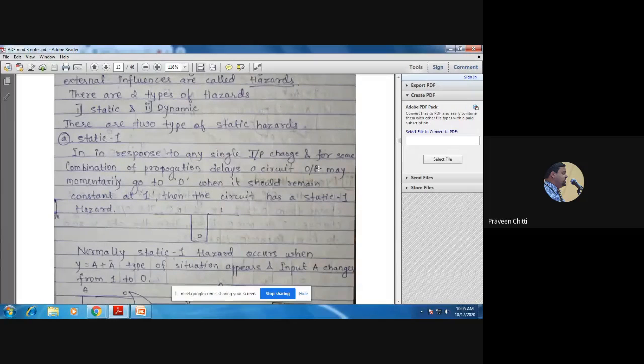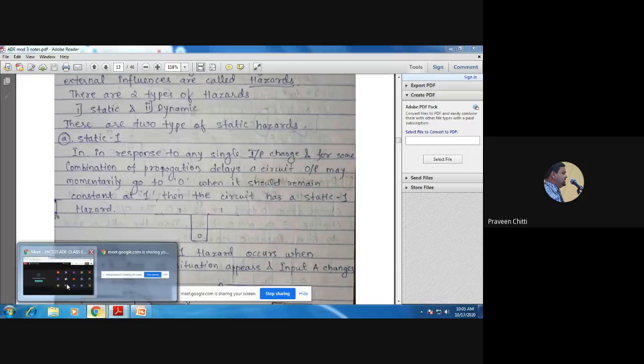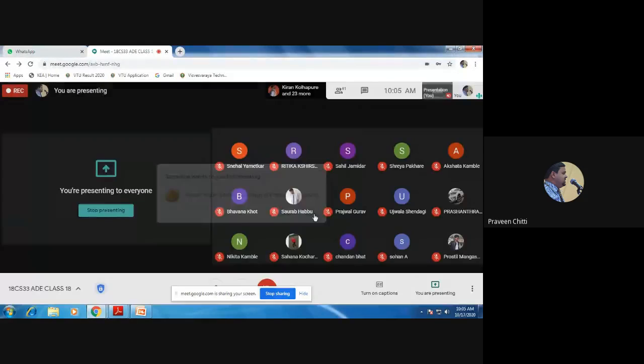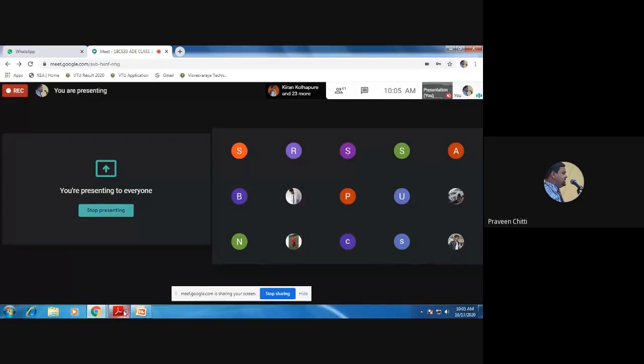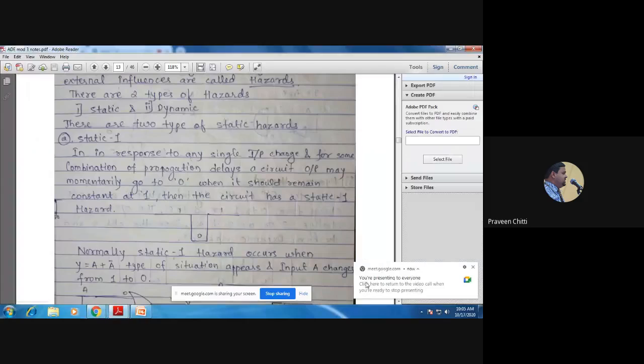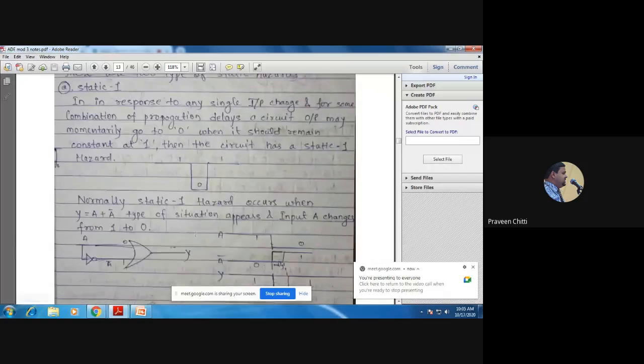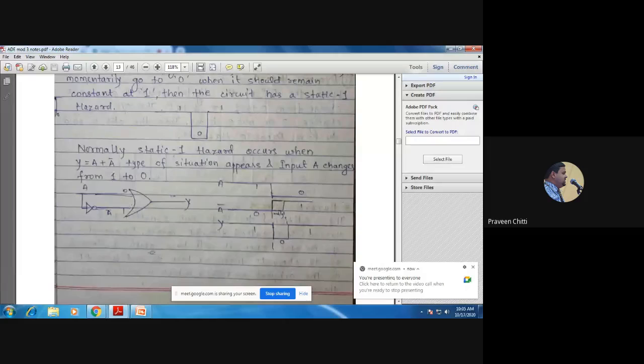If you come across the situation y equal to A plus A bar, then the circuit will definitely have a static 1 hazard. You may ask how y equal to A plus A bar will have a static hazard. For this, see this logic diagram for y equal to A plus A bar.